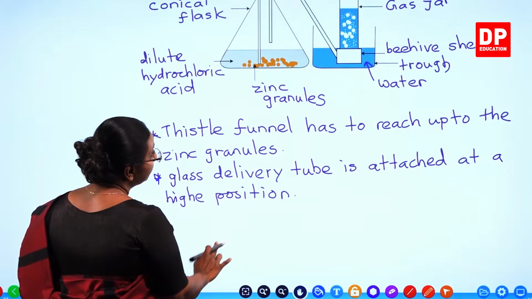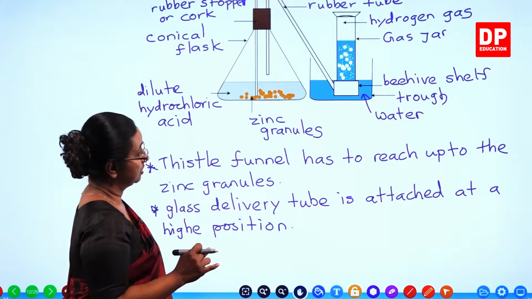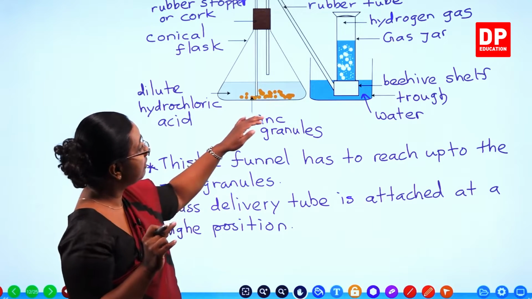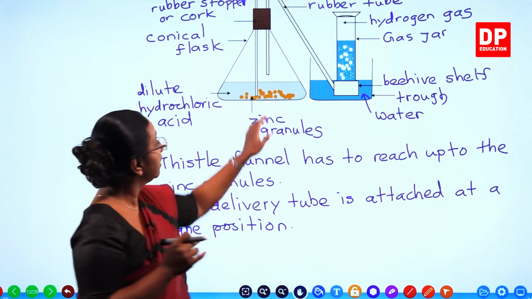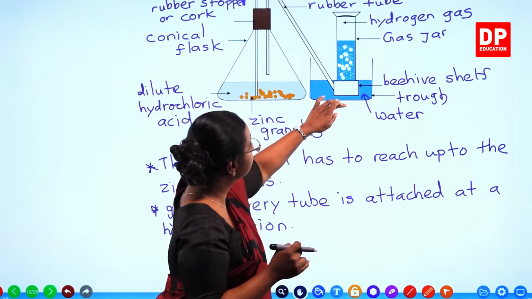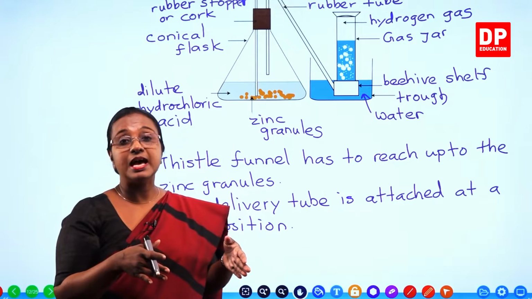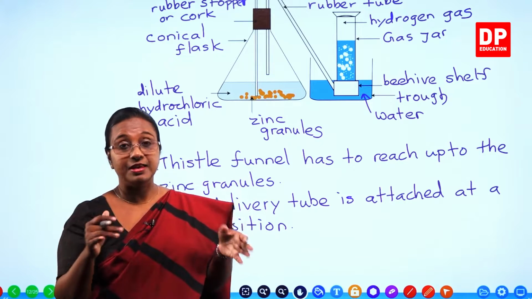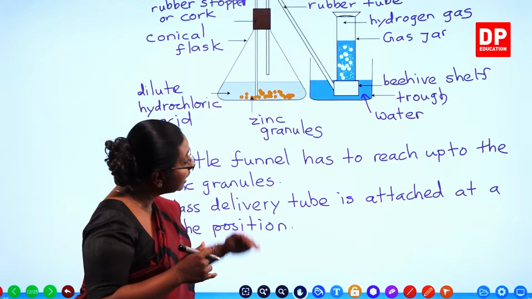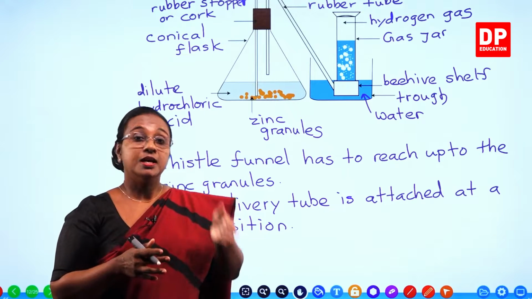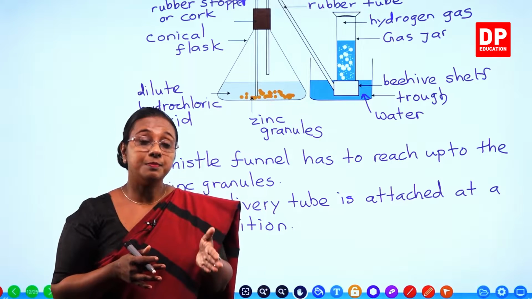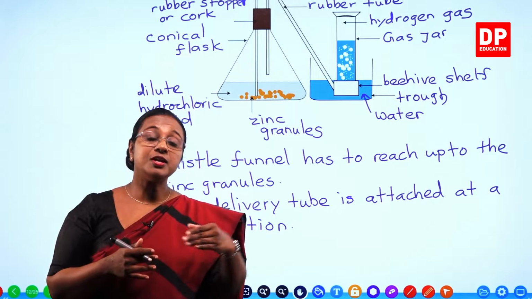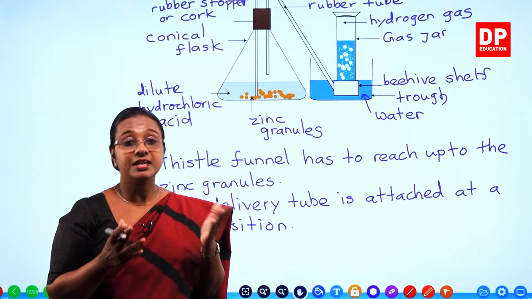So, when we have this beehive shelf, students, you have to remember now if we don't have the beehive shelf, if we pass the rubber tube like this and if we just keep the gas jar, which is also a somewhat heavy jar, not very heavy but somewhat heavy, if you keep it on the rubber tube, the tube will be pressed. So, the gas cannot enter into the gas jar easily.